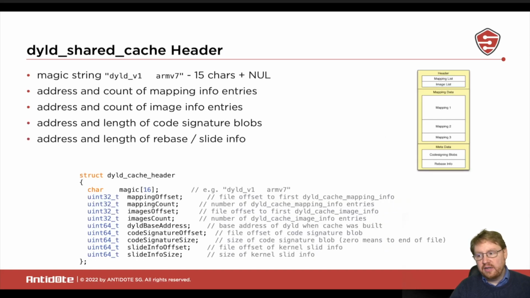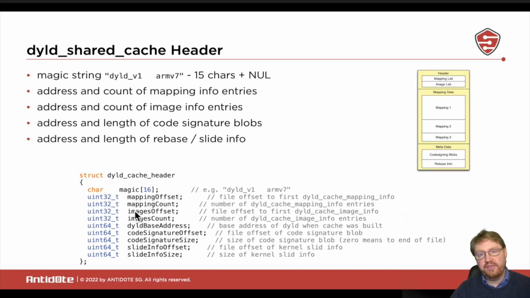So the header used to be quite small, as you can see here. There's still a magic value in there, which is dyld underscore the version number, and then at the end of the 15 characters you will find the architecture of the target, and that's the magic.